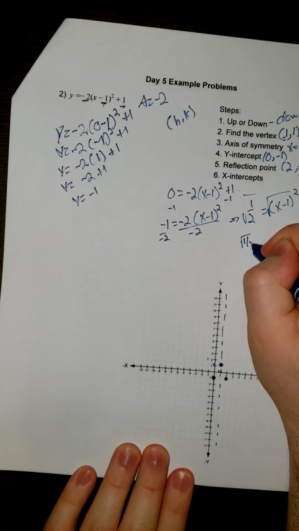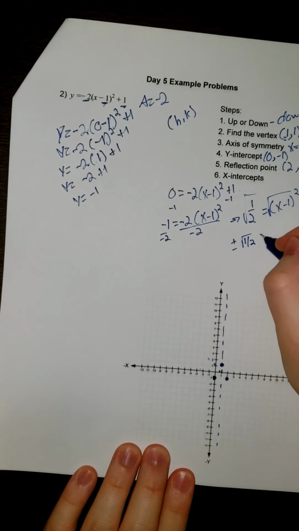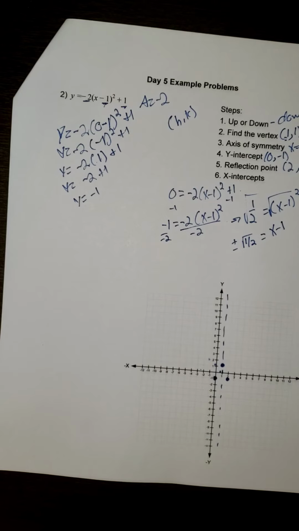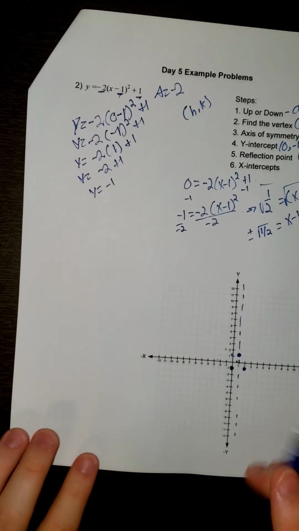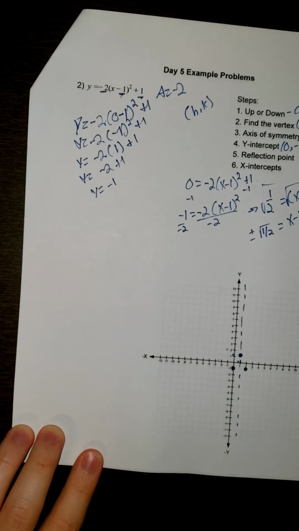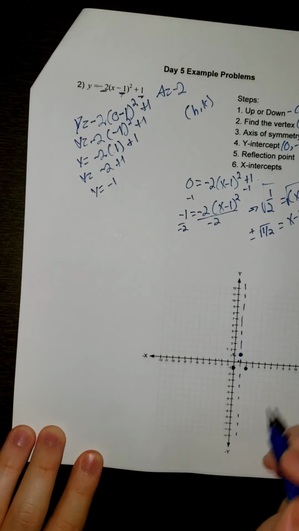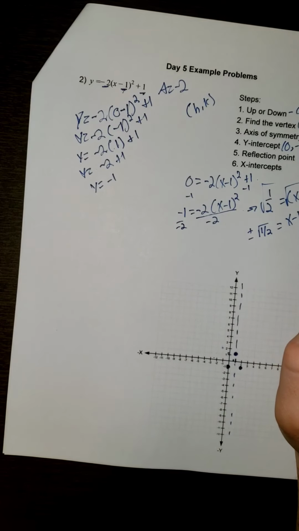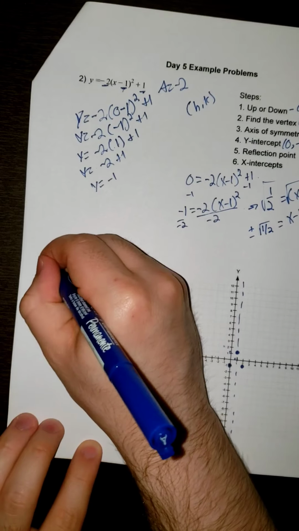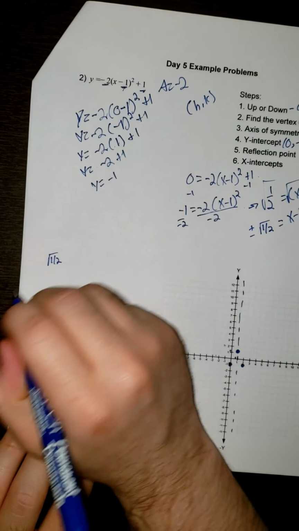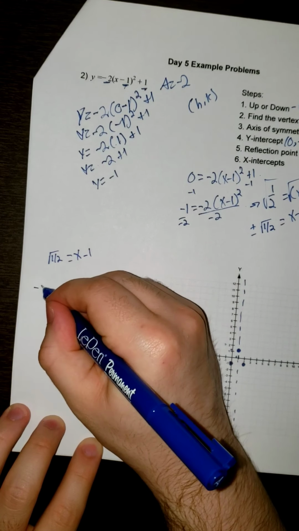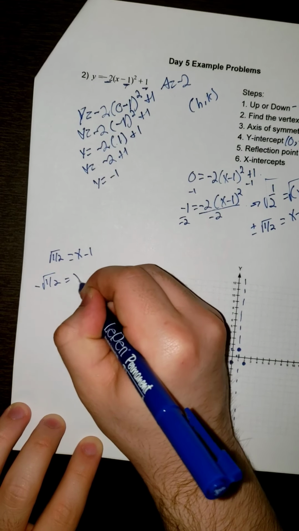So plus or minus radical 1/2 equals x minus 1. So from here, we're going to set up two equations because we have a plus minus here, which makes two different equations. So we have positive radical 1/2 equals x minus 1, and then negative radical 1/2 equals x minus 1.